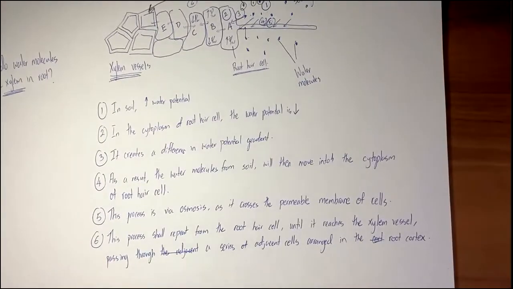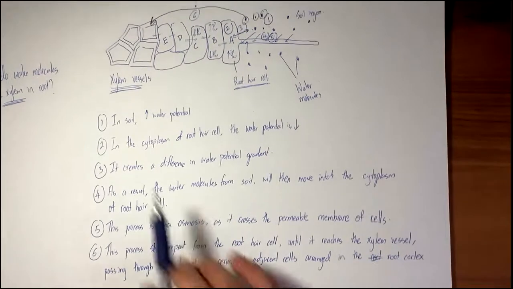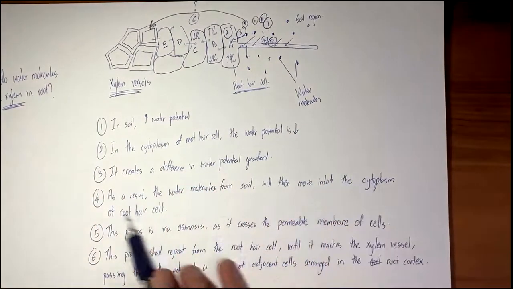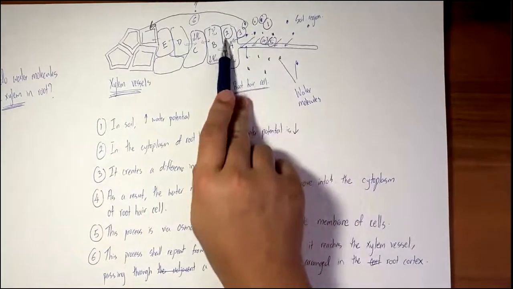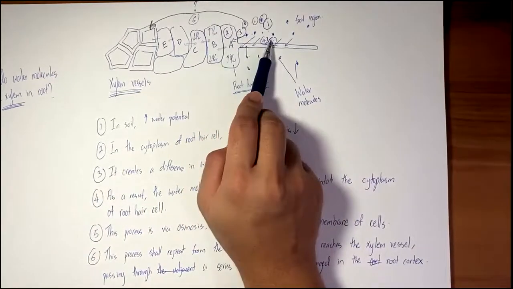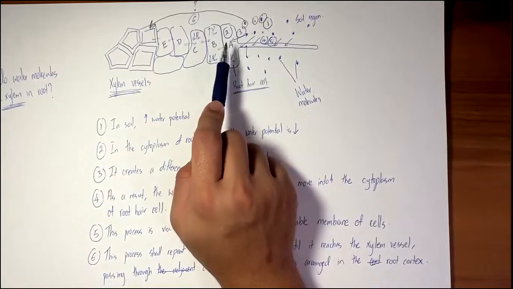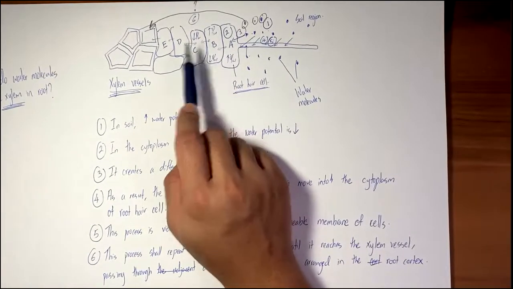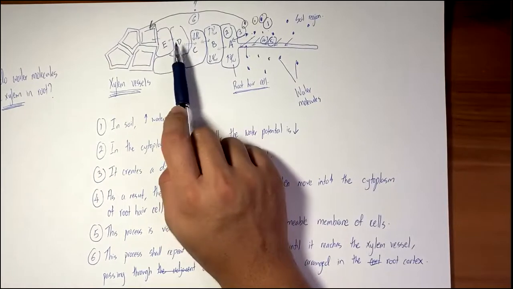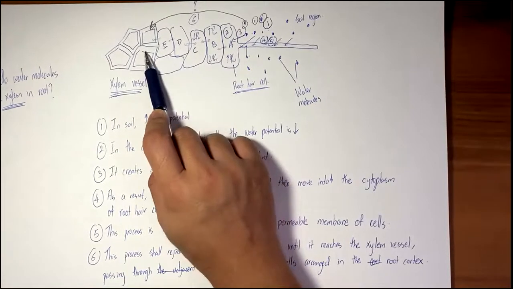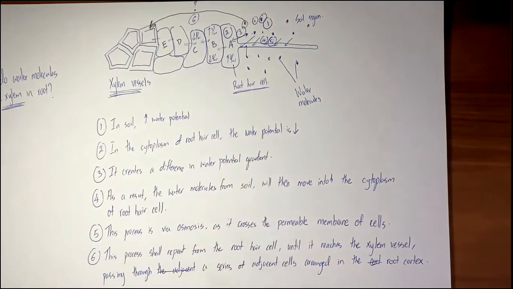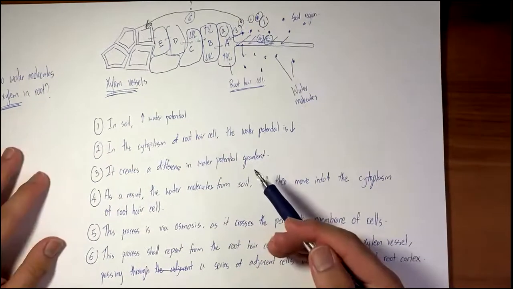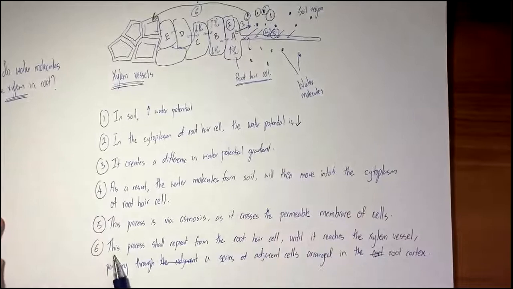Okay? So to make your life much simpler in explaining, you use the same explanation 1 to 5. So 1, 2, 3, 4, 5, essentially the same concept is taking place at A to B, B to C, C to D, D to E, and E eventually into the xylem vessel. And how would I word it? This is how I would word it.